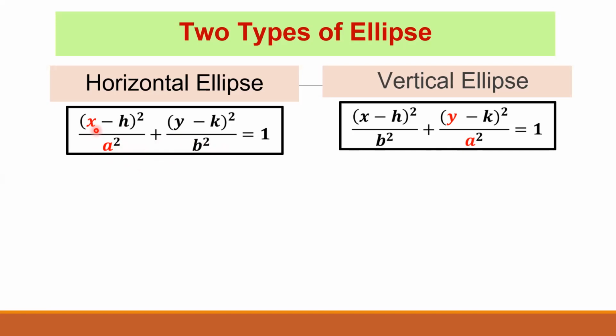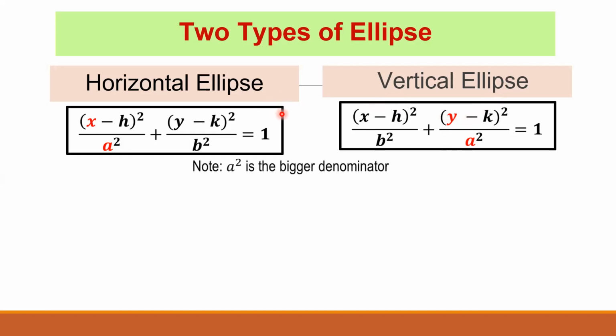So, if it's under the X, ibig sabihin, just like the X-axis, we have a horizontal ellipse. Ito naman, if this is the bigger denominator is located under Y, Y-axis is a vertical line, no? So that means you have a vertical ellipse. Okay, so I hope that's being clear. That's a very crucial note.